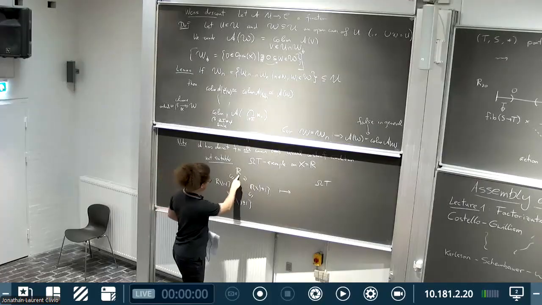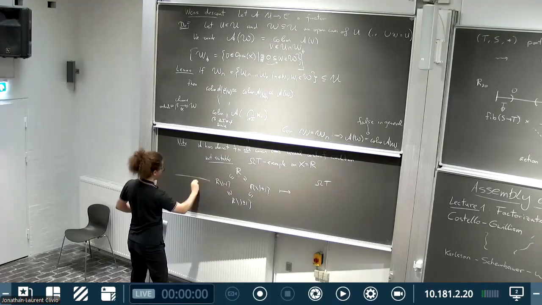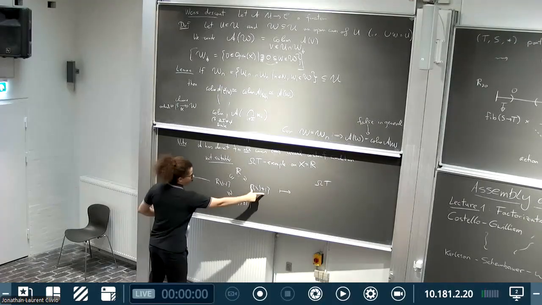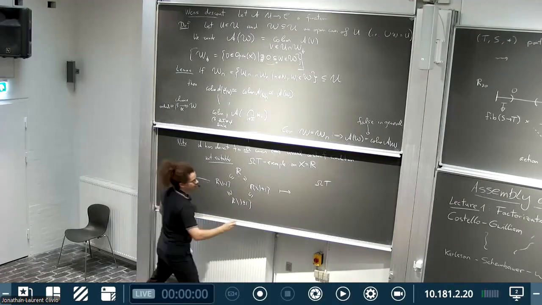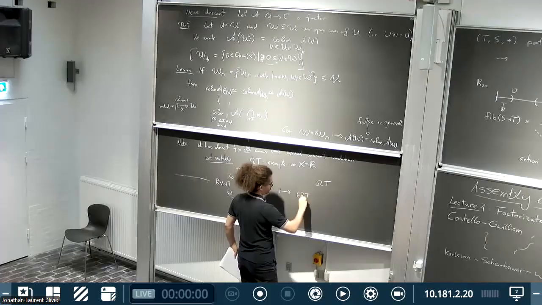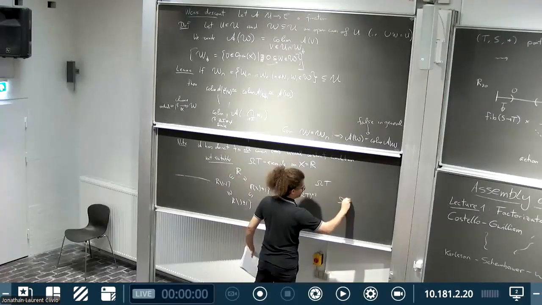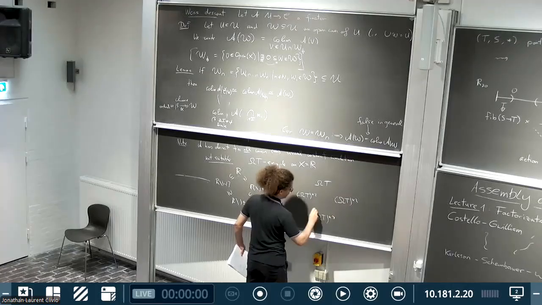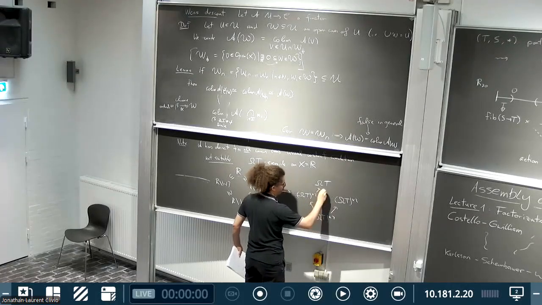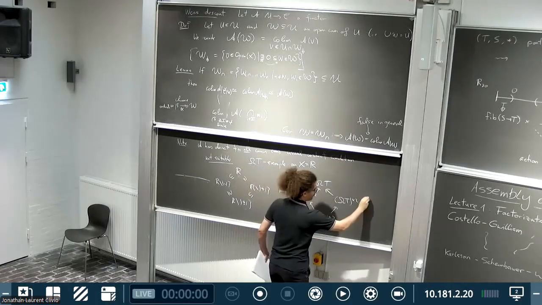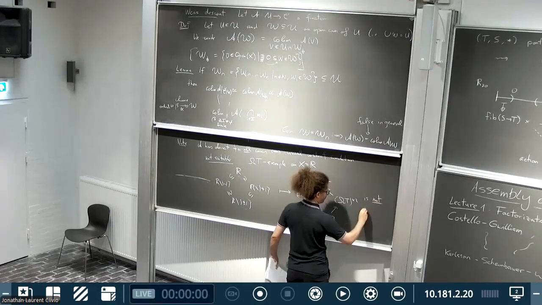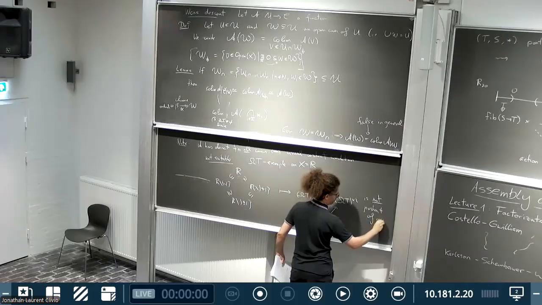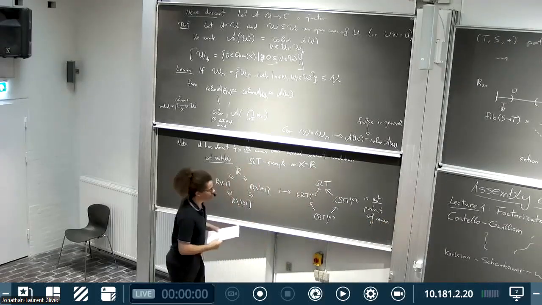So here I have omega t, here I have two copies of the loop space, and here I have three copies. And this is not a pushout of spaces, not even homotopy pushout.